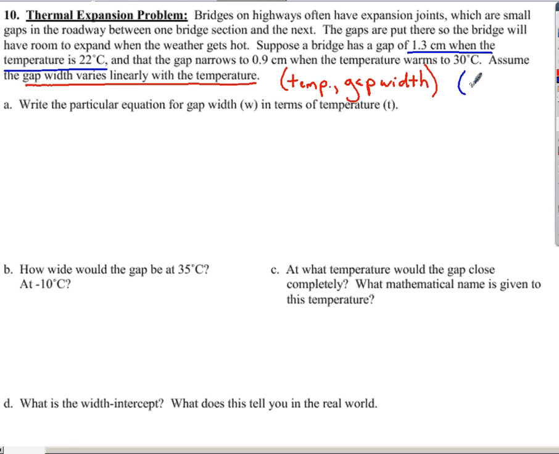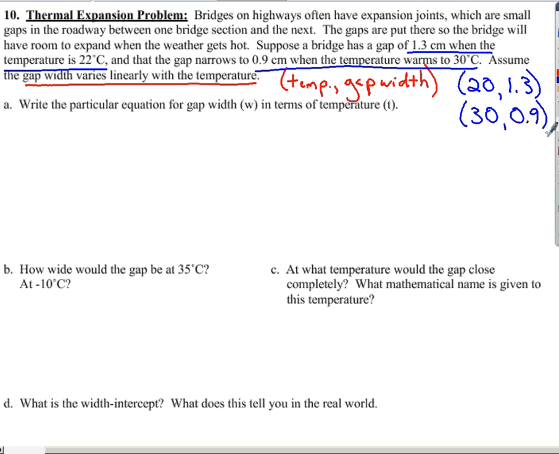So at temperature 22, it's 1.3 centimeters. The gap narrows to 0.9 centimeters when the temperature warms to 30 degrees Celsius. So a temperature of 30 gives a gap width of 0.9. There's our 2 key points to work with.